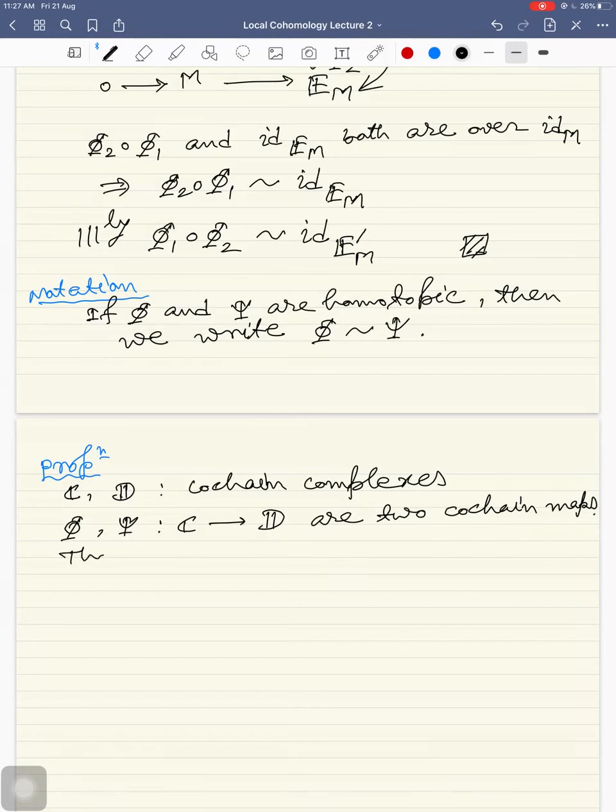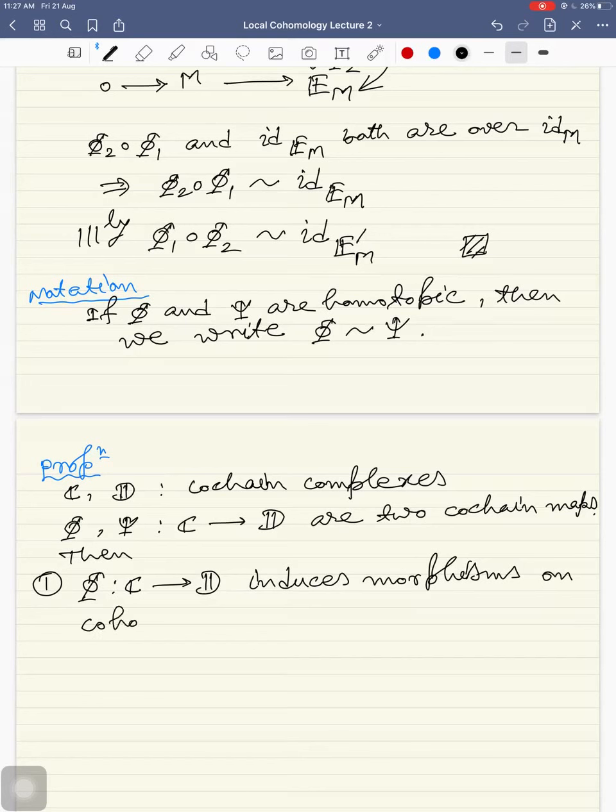Then the first statement says that every cochain map from the cochain complex C to D induces morphisms on cohomologies.